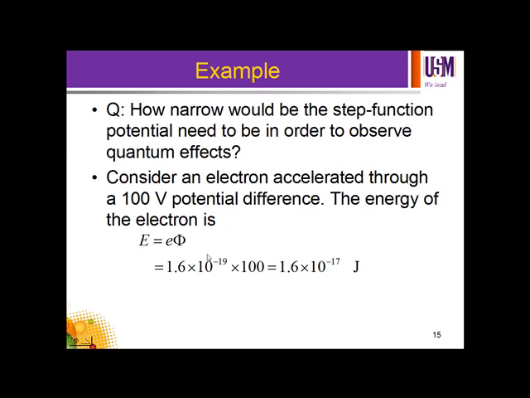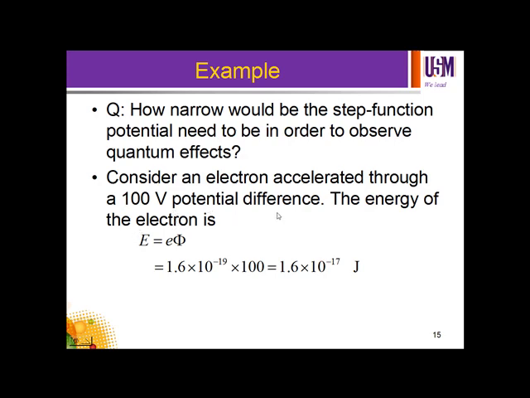And an example: how narrow does the step function potential need to be in order to observe quantum effects? What is the width of the V naught region in order for us to observe quantum effects? Consider an electron accelerated through a 100-volt potential difference.